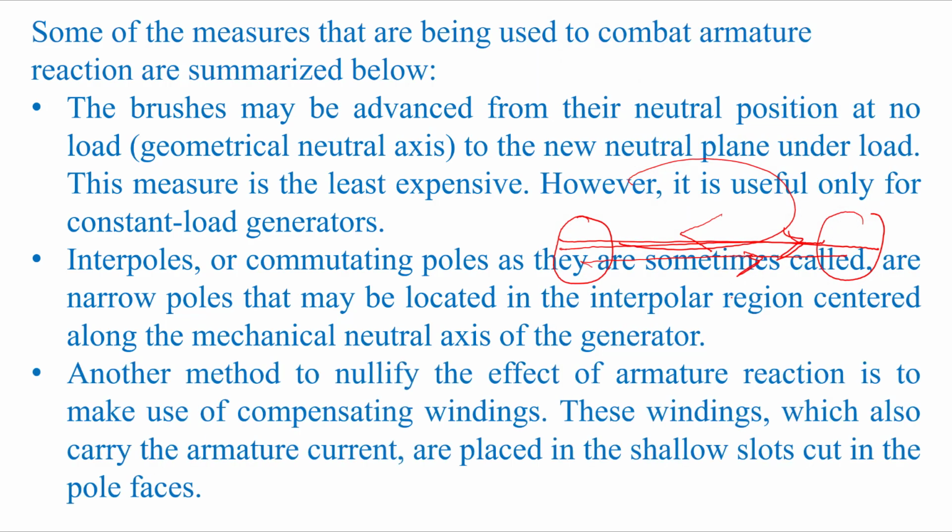Now another method to nullify the effect of armature reaction is called the compensating winding mechanism. So what is this compensating winding mechanism? We create slots across the pole surface, okay?